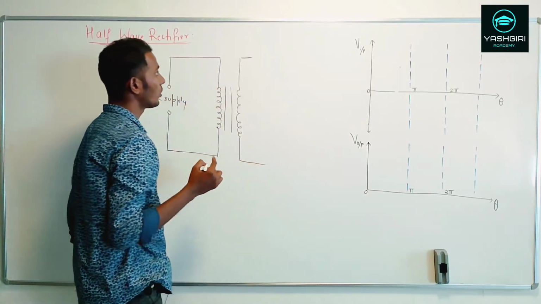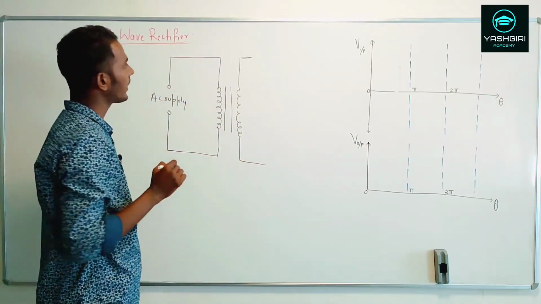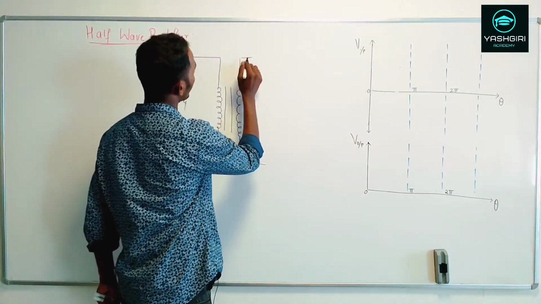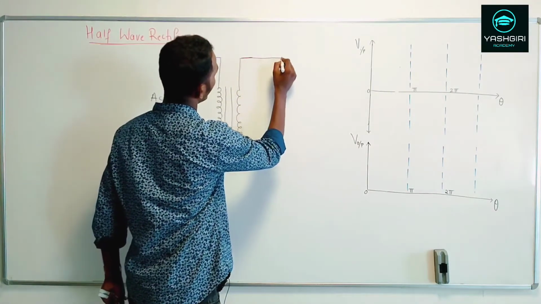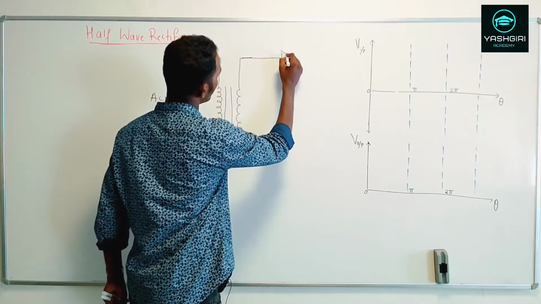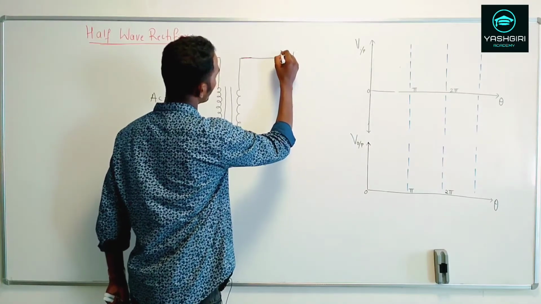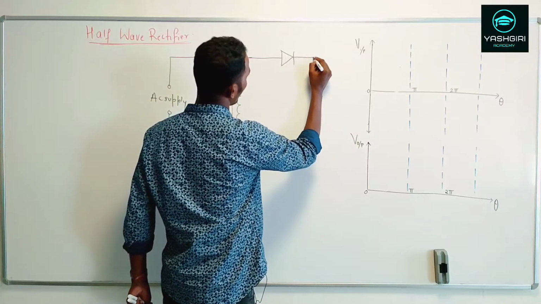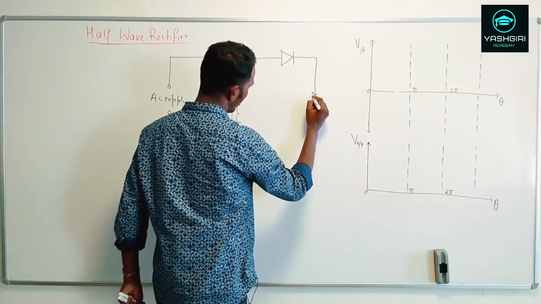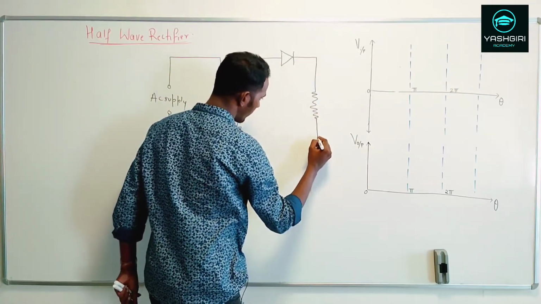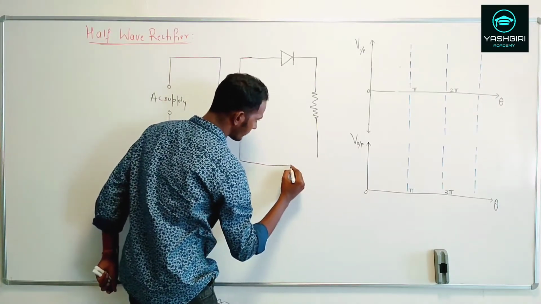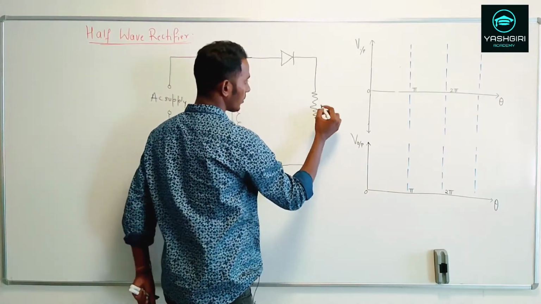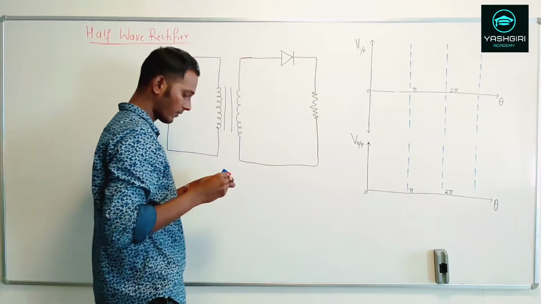We are working with one single diode, so let me connect a diode in series with this transformer, and let us connect a load. This is my load resistance RL, so let me write it as load RL.